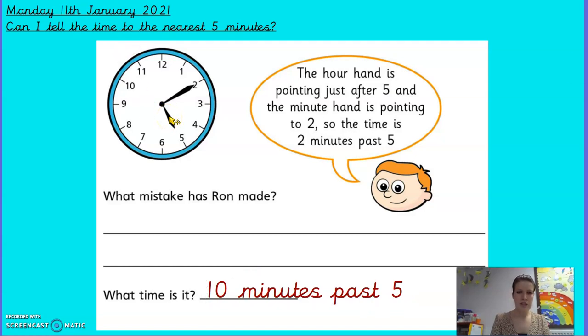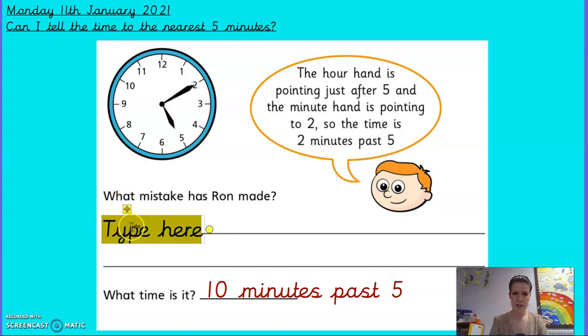And as you can see, he has made a bit of a mistake because he said it's 2 minutes past and it's pointing to 2. When in between our intervals of 5, there is little tiny sort of minutes. If you can see on my clock, you might be able to see it in the bottom corner. You've got little lines, and that represents 1 minute. So in between each one is 5 minutes. So he didn't think about the intervals of 5. He was thinking it was 2 minutes past.